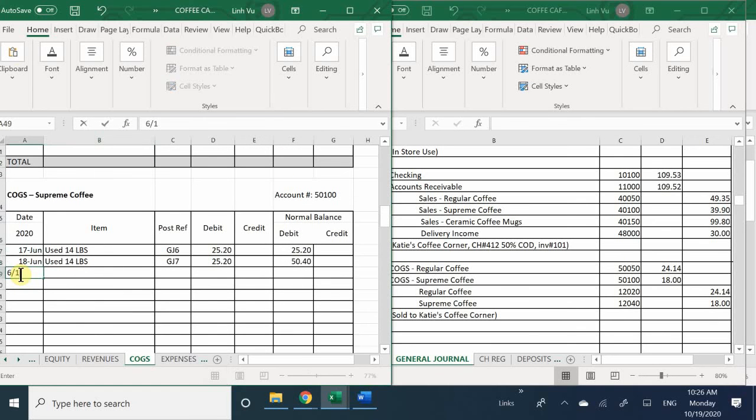For my Supreme coffee, so June 19, how many pounds did I sell? Sold 10 lbs. Okay. General journal number 7. And what was my total amount for?